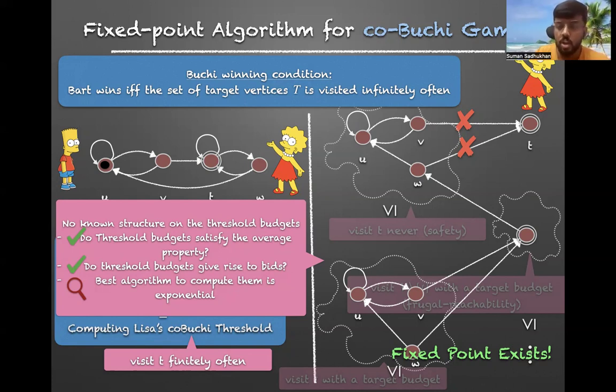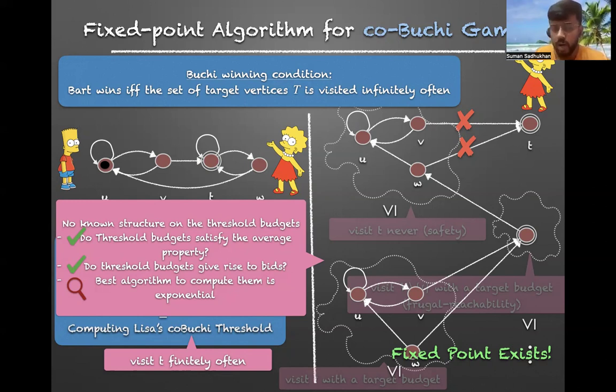And not only does it give a threshold budget, it also gives the information that the threshold budget satisfies the average property, because it satisfies the average property in each of the small games. So it will continue satisfying the average property.